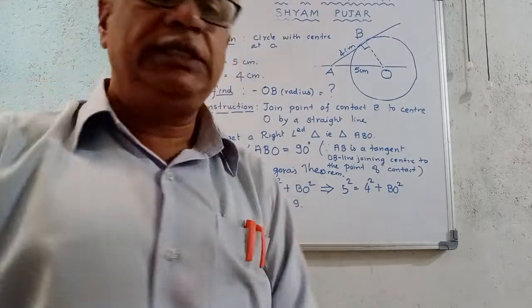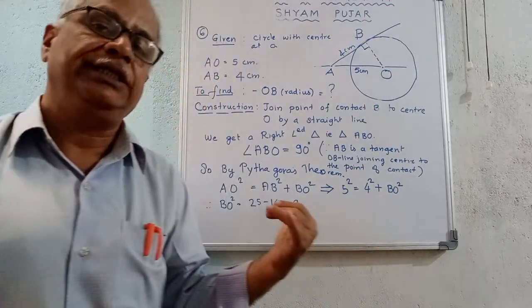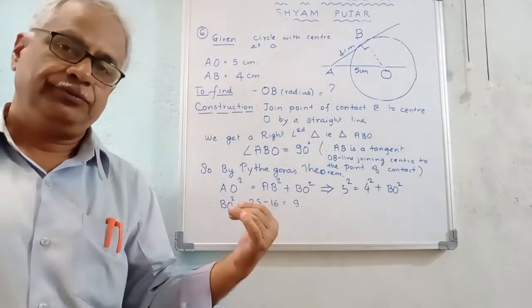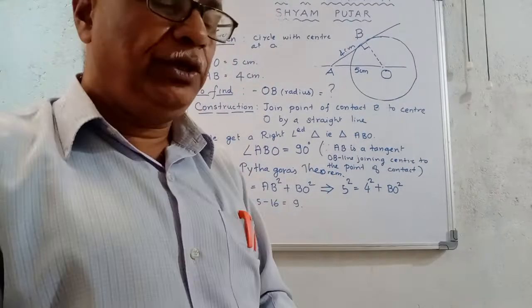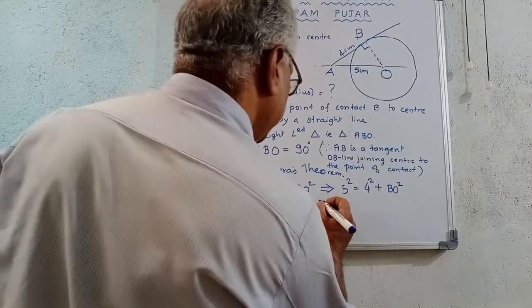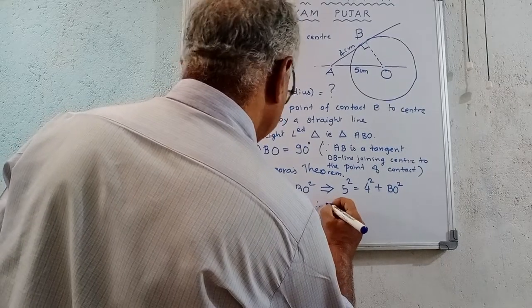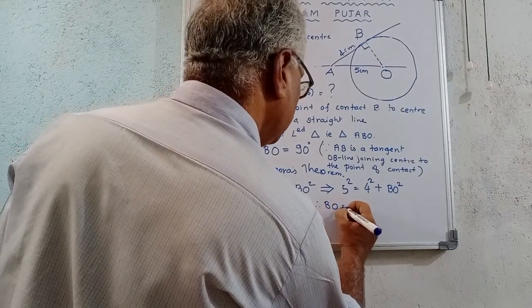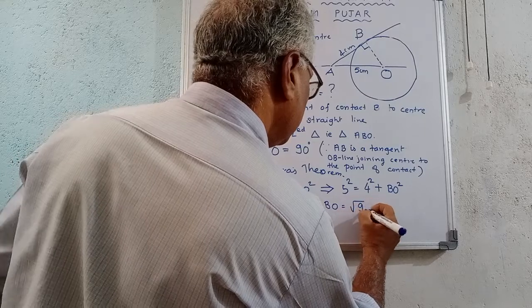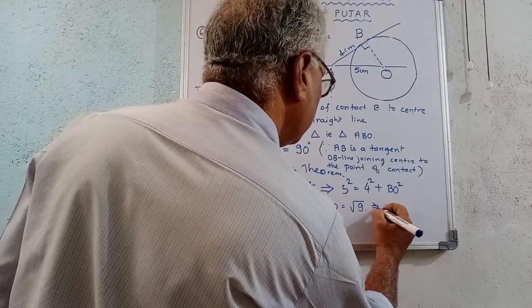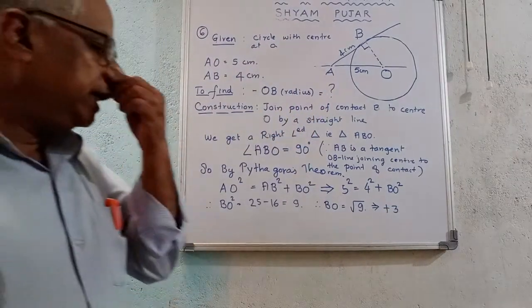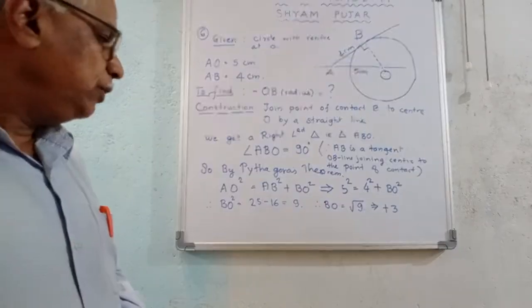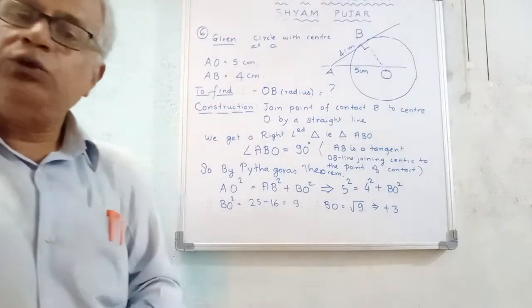So OB square is equal to 25 minus 16. Okay, so find out what is BO or OB. BO square is 9, so BO is root of 9.